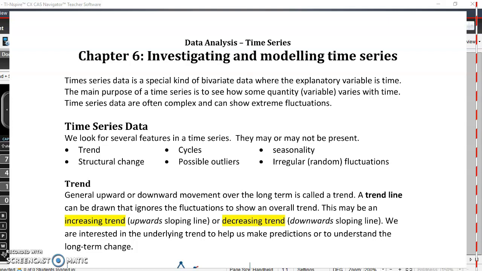Trend is underlying. Then we look to see if they're cyclical, so cycles, or seasonality. Then there are a couple of other things that could be happening: a structural change, possible outliers, or just random fluctuations.